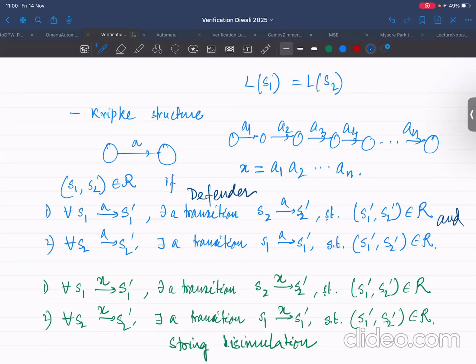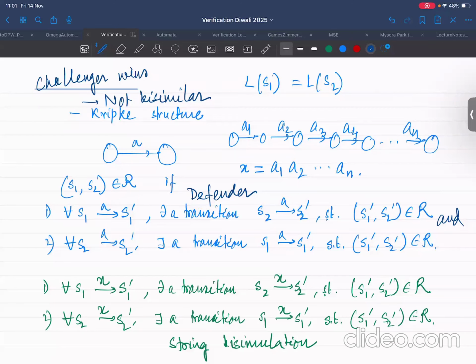But if there is some move of the challenger for which the defender cannot mimic, then the challenger wins and the two things are not bisimilar. Does it make sense? Yes, sir.